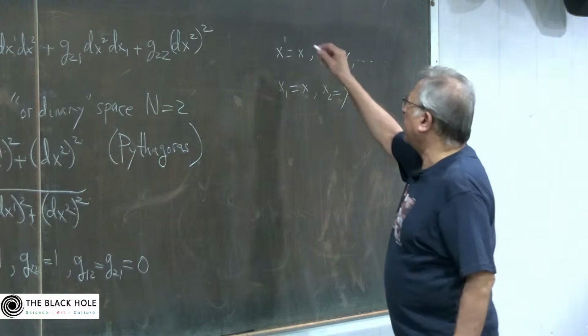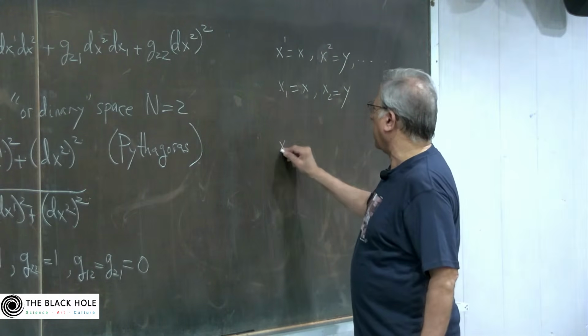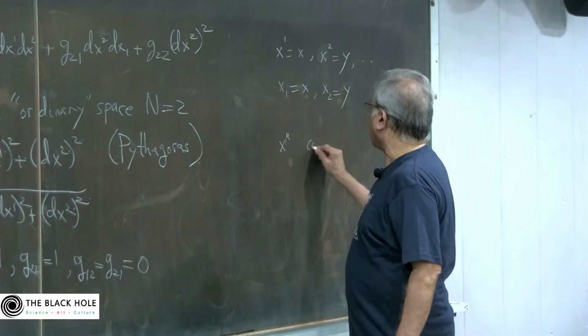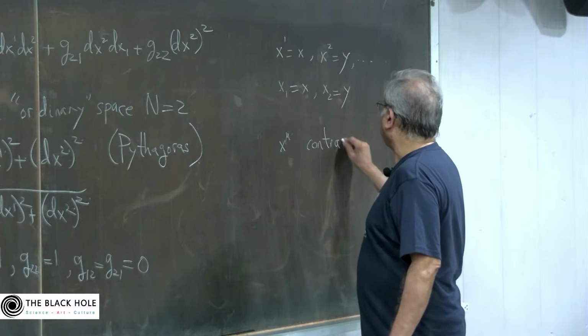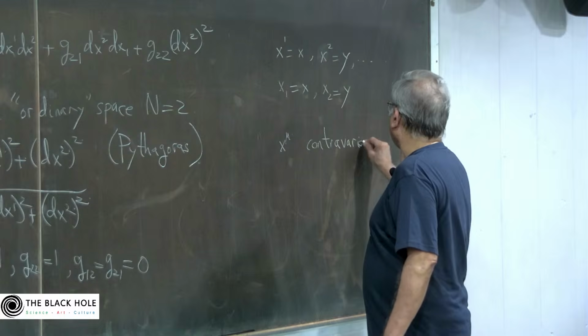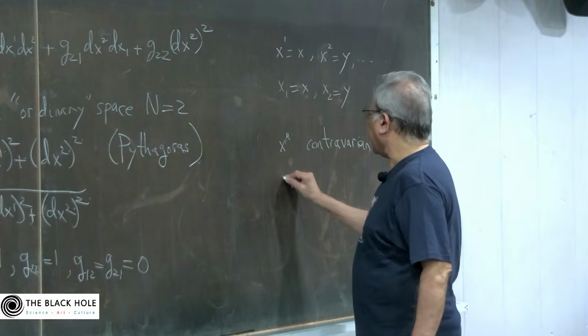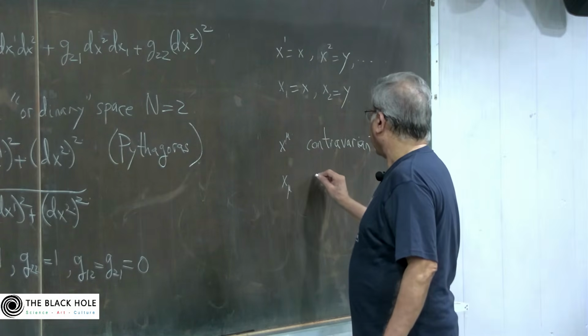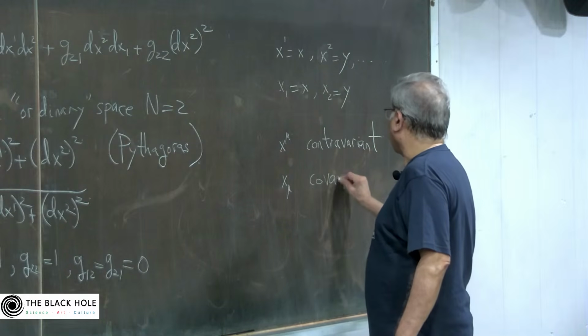As I was saying, it makes no difference whether it is up or down. When something is up, this is called contravariant. When something is down, it is called covariant.